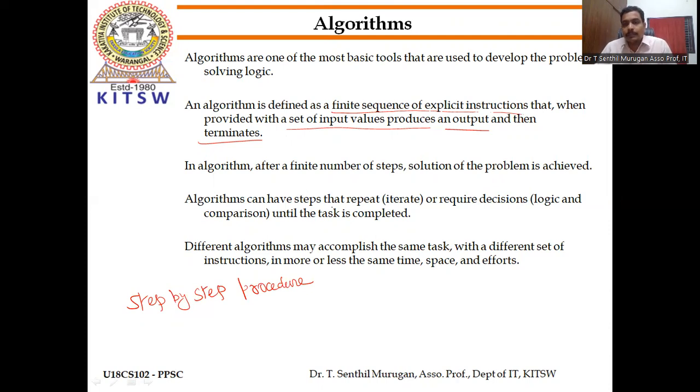Some repeat steps may also be there. So it is step by step; we can write step 1, step 2, like that a finite number of steps, n steps only.